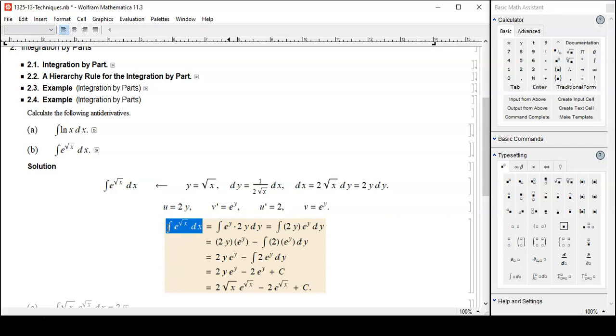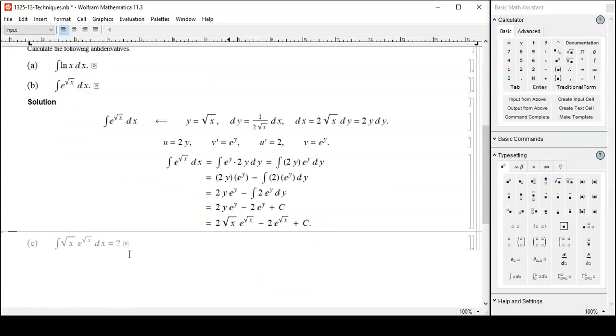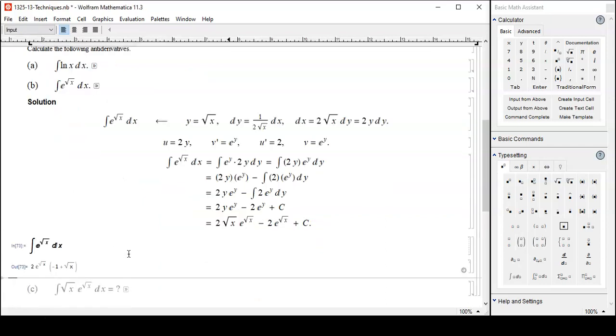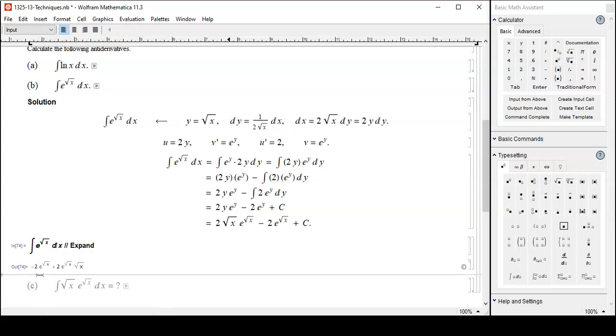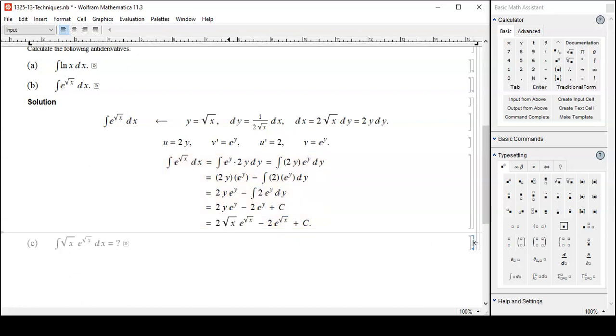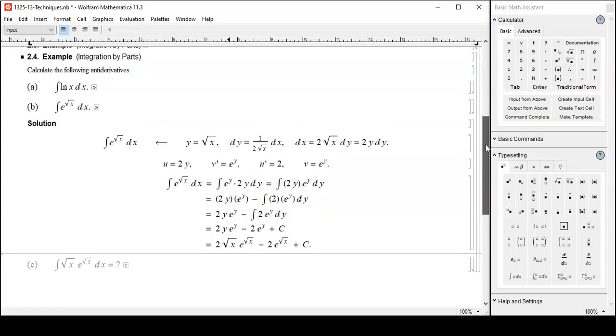Let's see. What does Mathematica say about this? So negative 2e to the square root of x power, yes, and then plus 2 square root of x times e to the square root of x. Yes, correct. So everything fits.